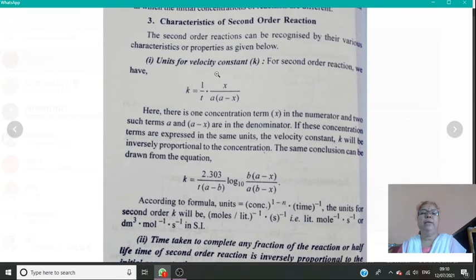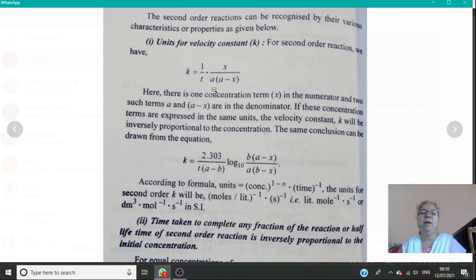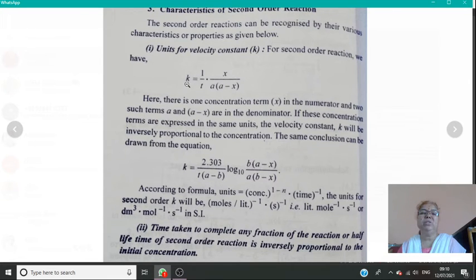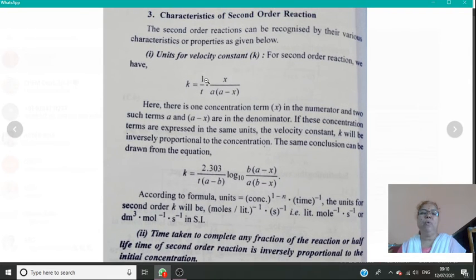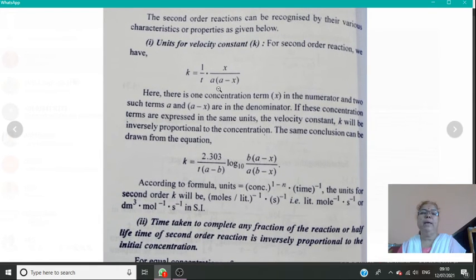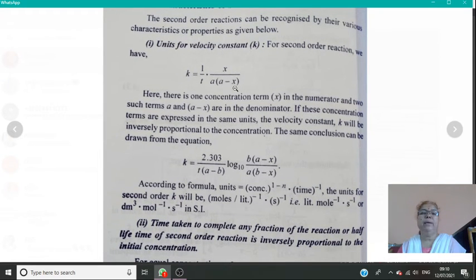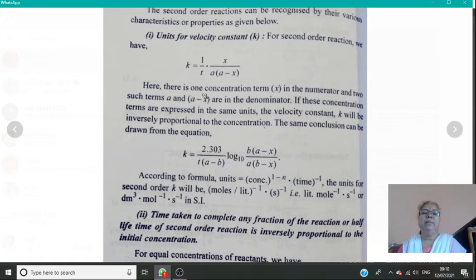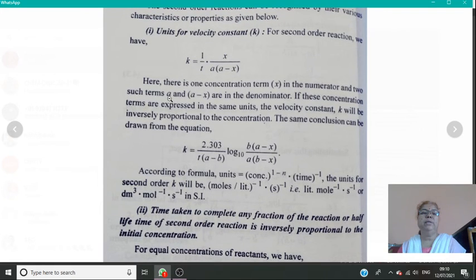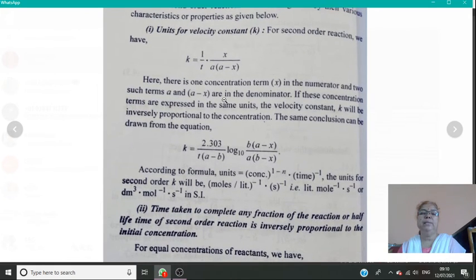For second order reaction where initial concentrations are equal, we have the rate constant or velocity constant k equal to 1 by t into x upon a in a bracket a minus x. Here there is one concentration term x in the numerator and two concentration terms a and a minus x in the denominator.